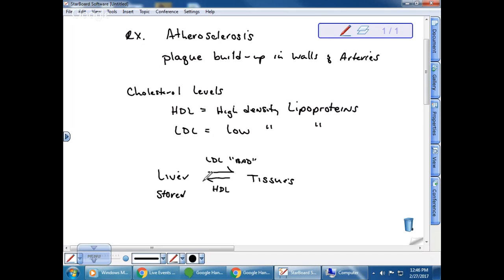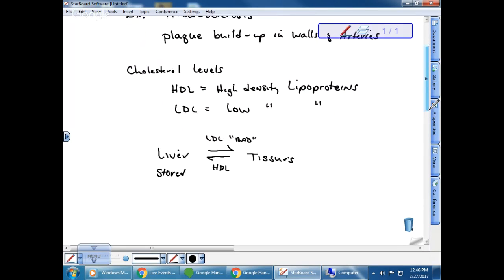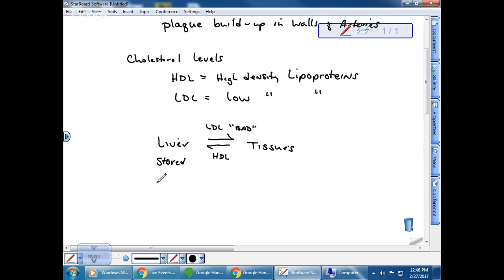So what can happen with the atherosclerosis is that you can get a couple of things happening. You could get an embolism. Actually, let's just talk about strokes. So in a stroke, you can get a blocked blood vessel to the brain.